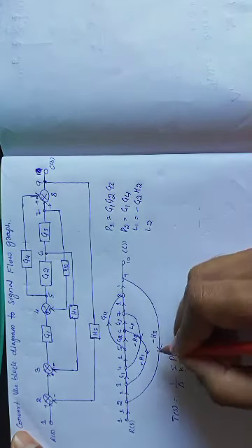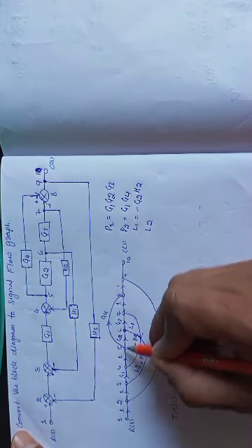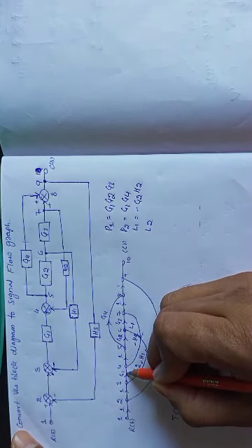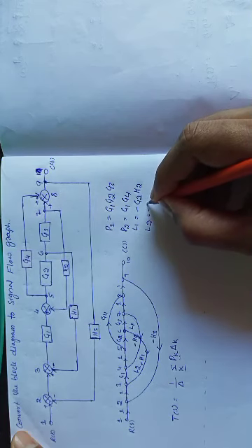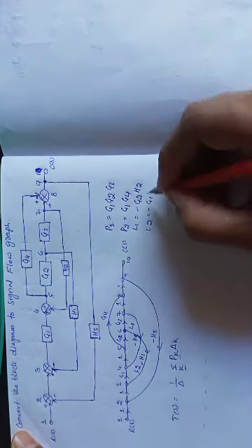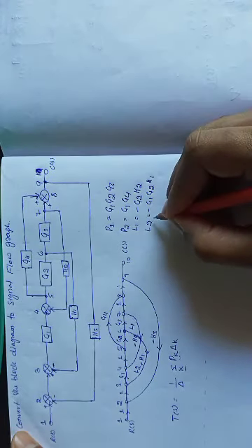The L2 loop, this is my L2 loop, the gain of this loop is G1 into G2 into minus H1, that is minus G1, G2, and H1.